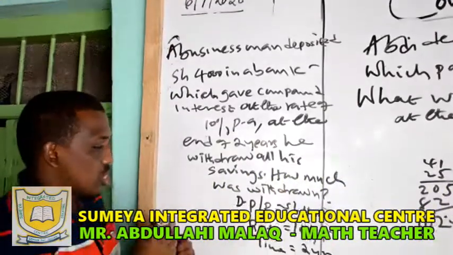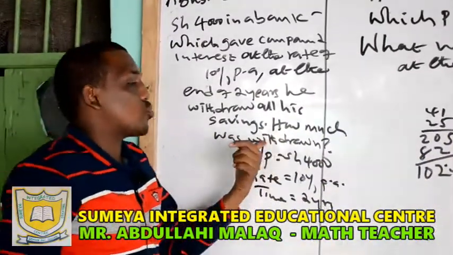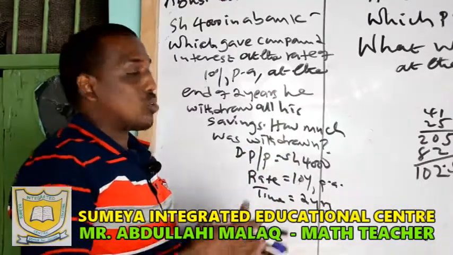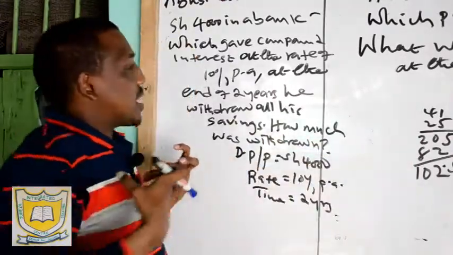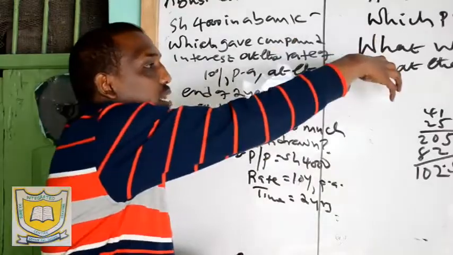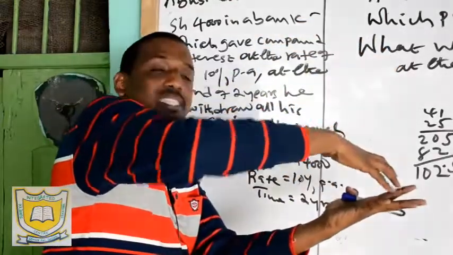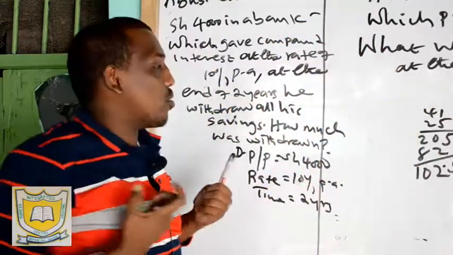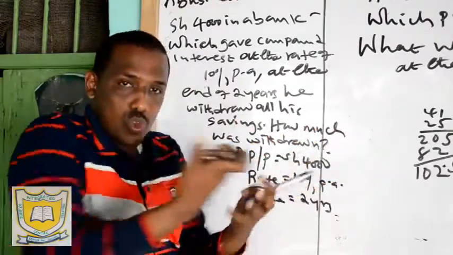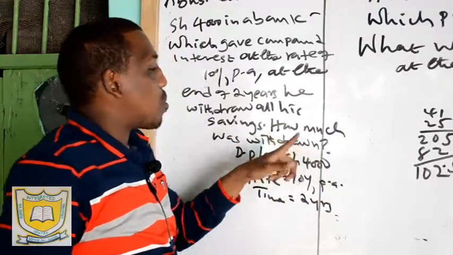Now, how much did he withdraw? Withdraw means he removed the whole amount that was in the account: the amount he deposited plus the interest it generated. So how much has he withdrawn?